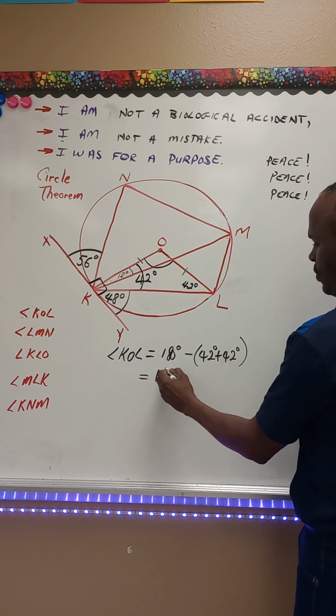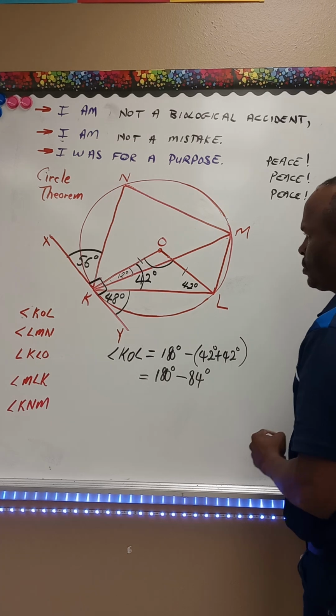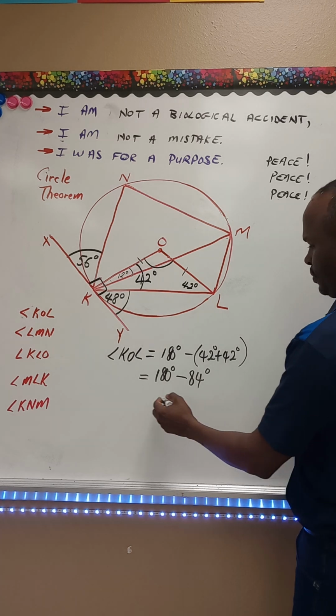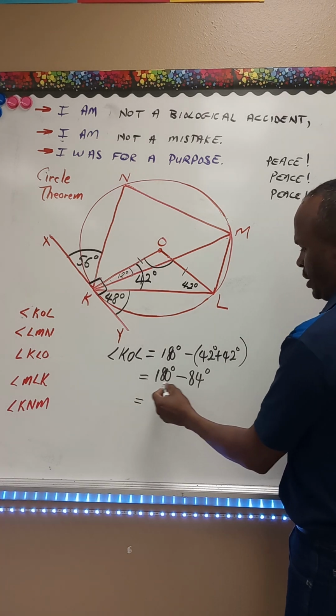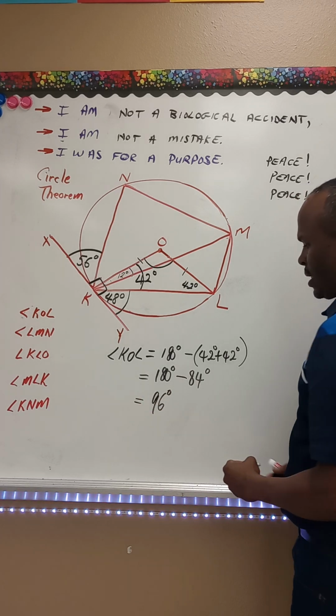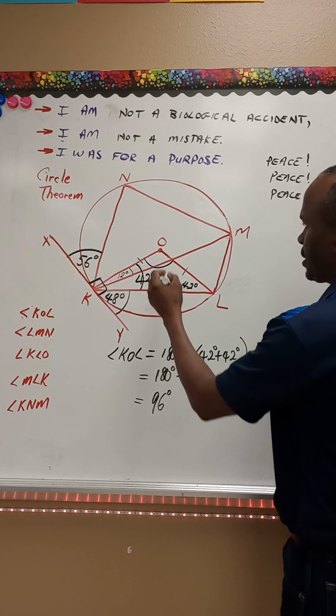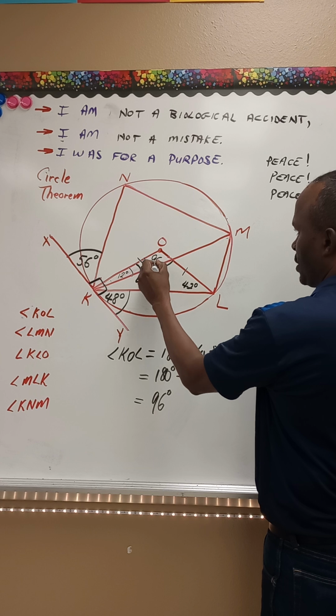So in other words, you're going to have 180 minus 84. 180 minus 84 will give you 96. So the angle KOL is 96 degrees. So please know that this angle here is 96 degrees.